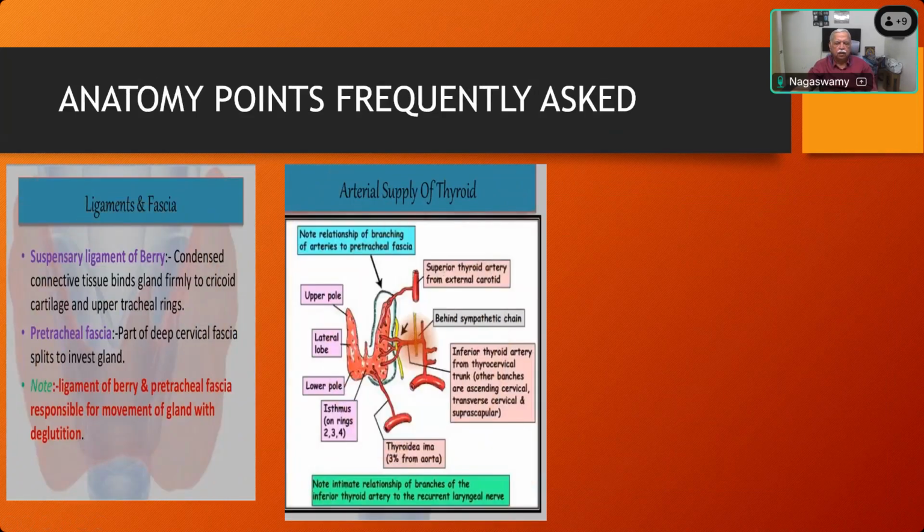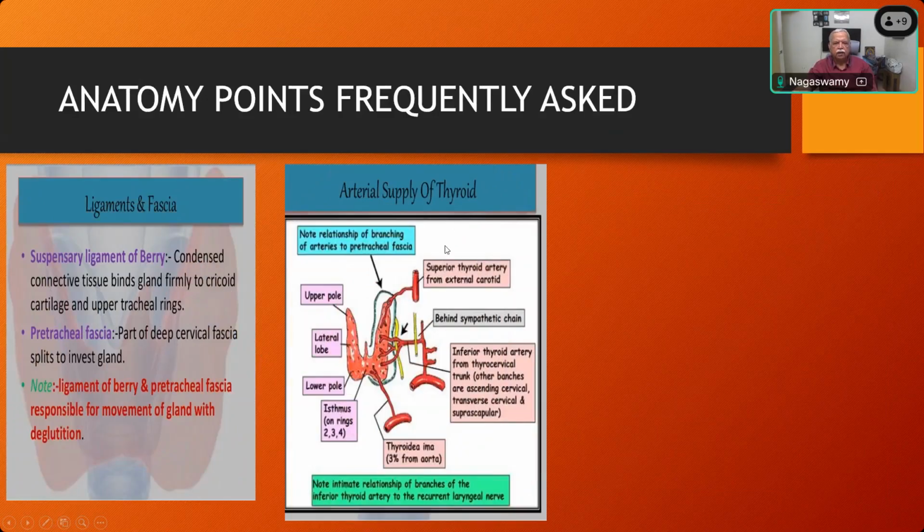The reason why the thyroid gland moves with deglutition is because of the suspensory ligament of Berry, which is nothing but a condensed connective tissue which holds this to the thyroid cartilage and upper tracheal rings. The ligament of Berry and pretracheal fascia are responsible for the movement of the gland with deglutition.